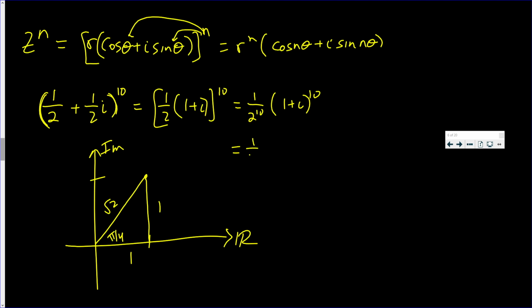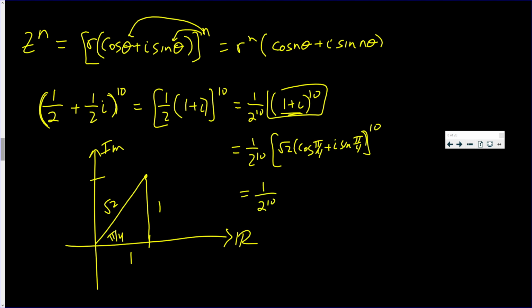So we still have the 1 over 2 to the 10. Now I'll raise it to the 10th. I'm going to write 1 plus I as r times cosine theta plus I times sine theta. So we have 1 over 2 to the 10, and on top we have the square root of 2 to the 10th power, because that square root of 2 can factor out.